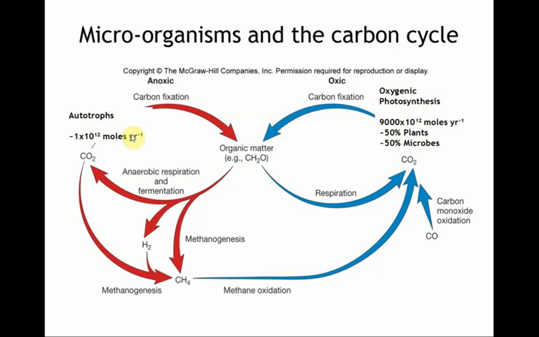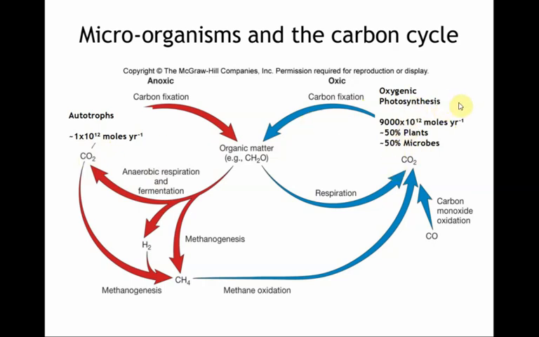Like these chemolithoautotrophs also incorporate CO2 into organic carbon. But in quantitative terms, you have about 10,000 times more carbon or CO2 absorbed by photosynthesis than by chemolithoautotrophs.